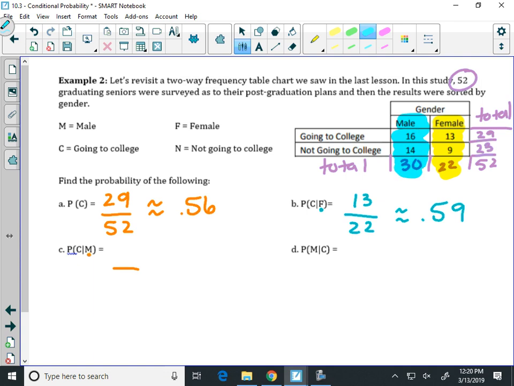So what's going to go on the bottom of our fraction? 30. The total number of males now goes on the bottom. Of those males, how many are going to college? 16. 16 out of the 30. And that is about what as a decimal? 0.53. About 53% of the males are going to college.